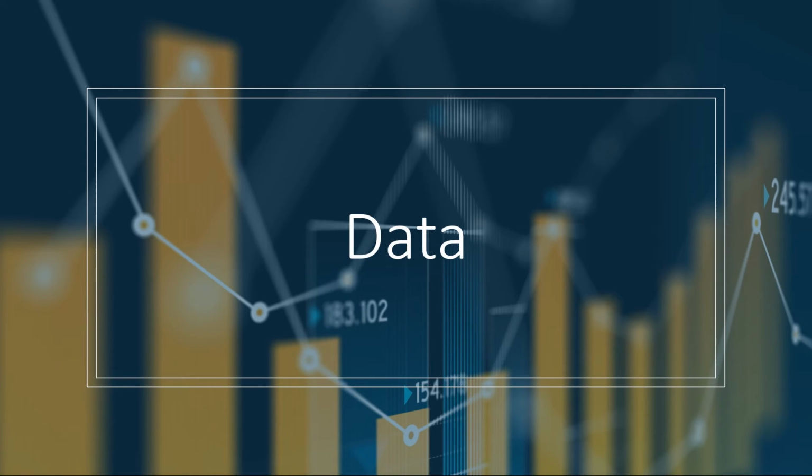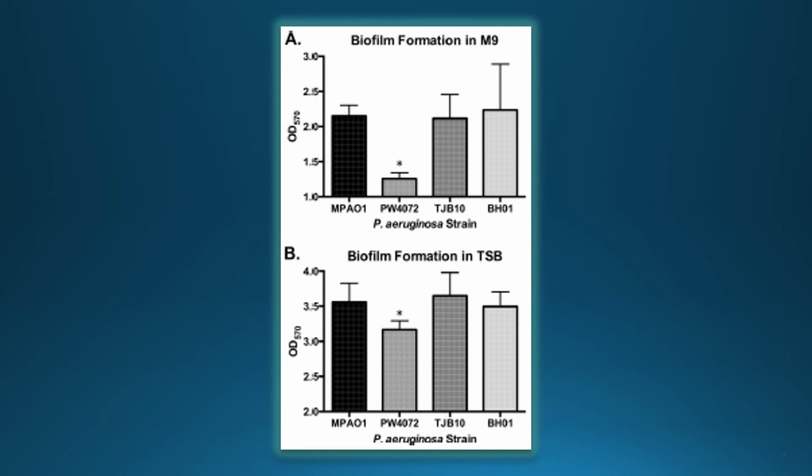So now I'm going to talk about the data that was found through this experiment. So for this first figure, the A portion on top showed that in the M9 media, the gshA transposon mutant, which is this PW4072, was defective in biofilm formation when compared to the wild type, which is shown next to it in the MPA01.